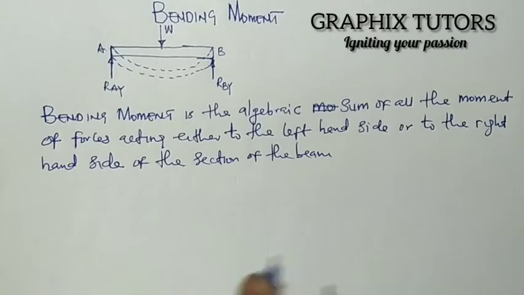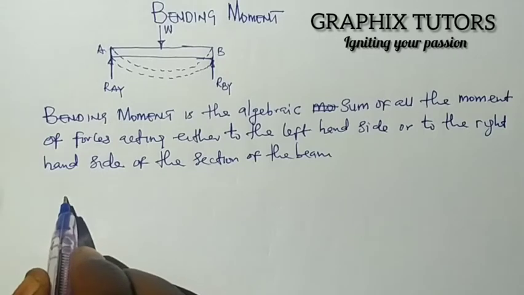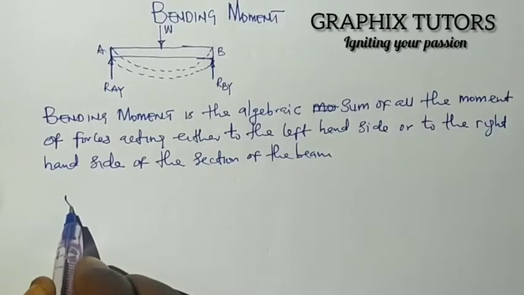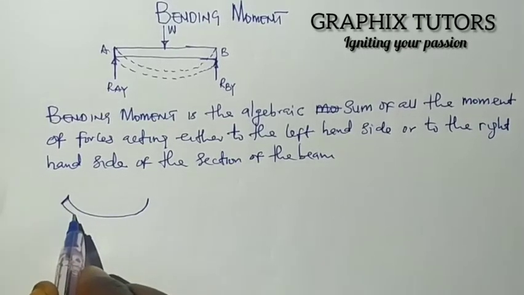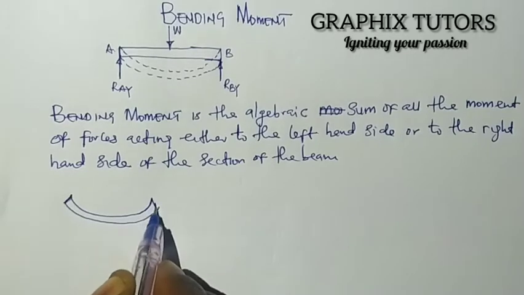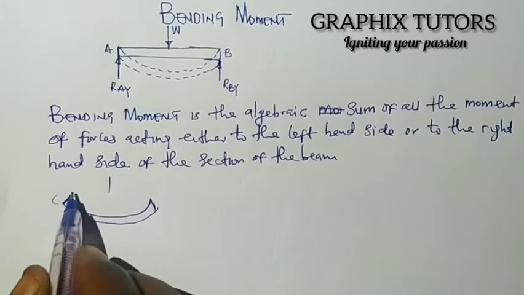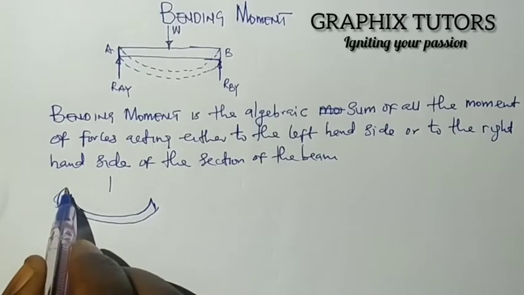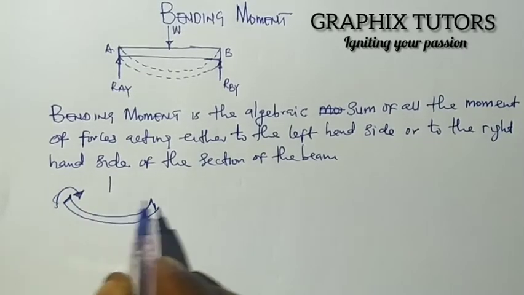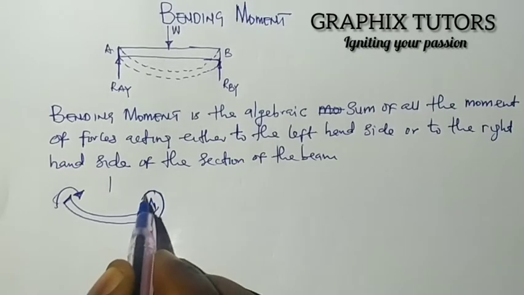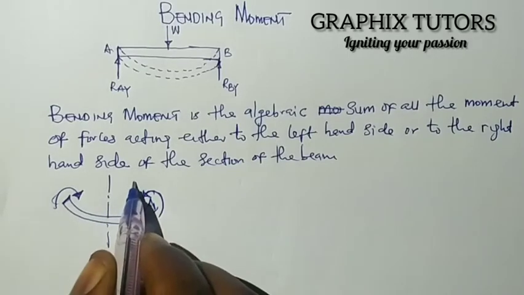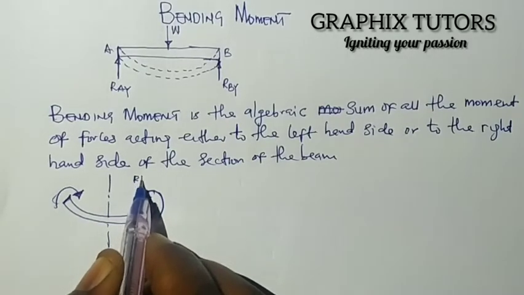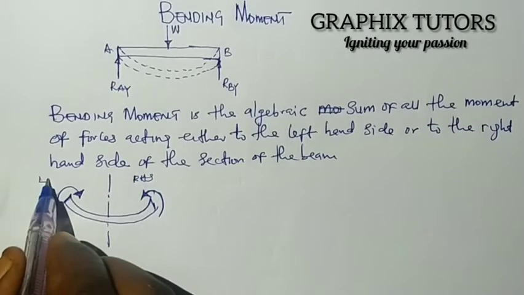So from here, let's now assume that there's some point and you need to know when you're dealing with bending moment. If I have a beam that has bent towards this direction, and at the ends the reactions also bend inward, so if I section this part, this will be my right hand side and this will be my left hand side.